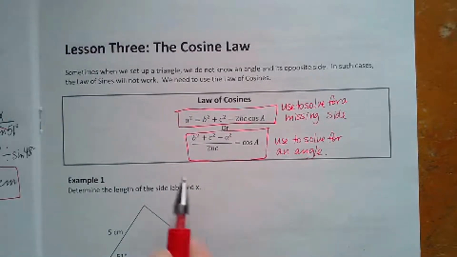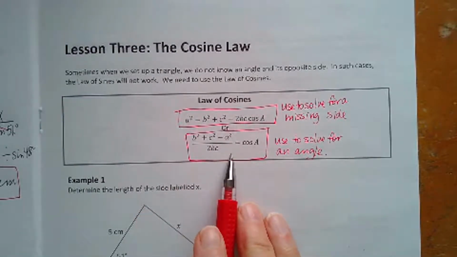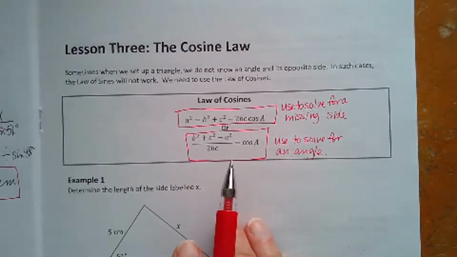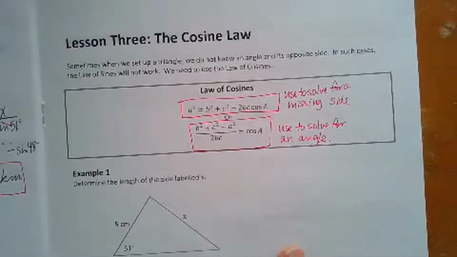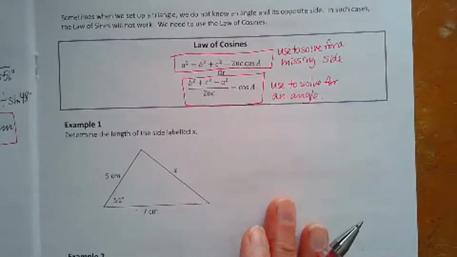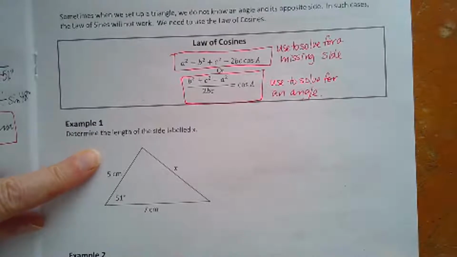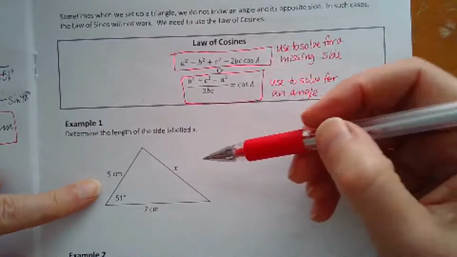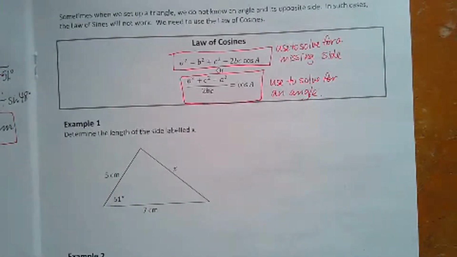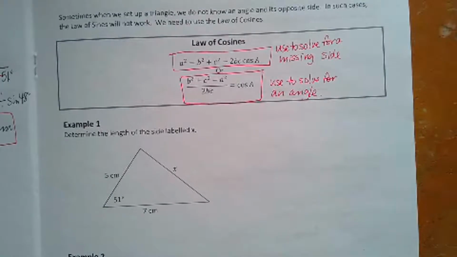Okay, so notice they're labeled A's, B's, and C's. That's just standard to label the law of cosines with A's, B's, and C's without X's, but I'm going to show you how our X becomes an A or how our A becomes an X, I guess, depending on how you think of it. So determine the side length called X. Now I can see, even if I wasn't told that this is a law of cosines question, and you might not have known it at the beginning, you can see there's no partnership, right?